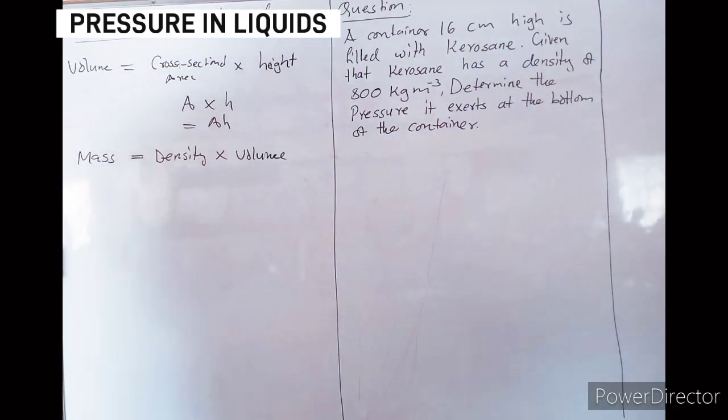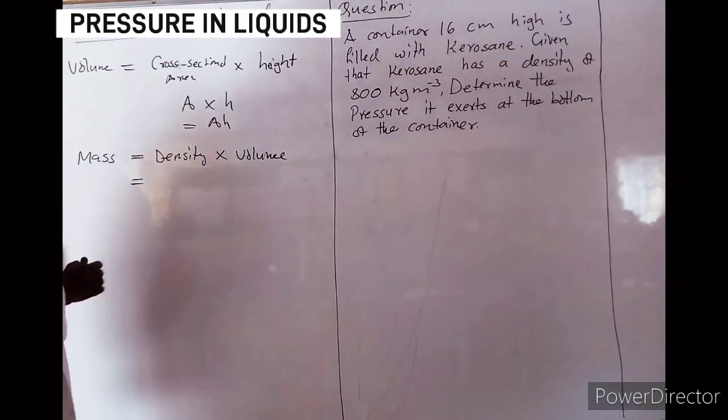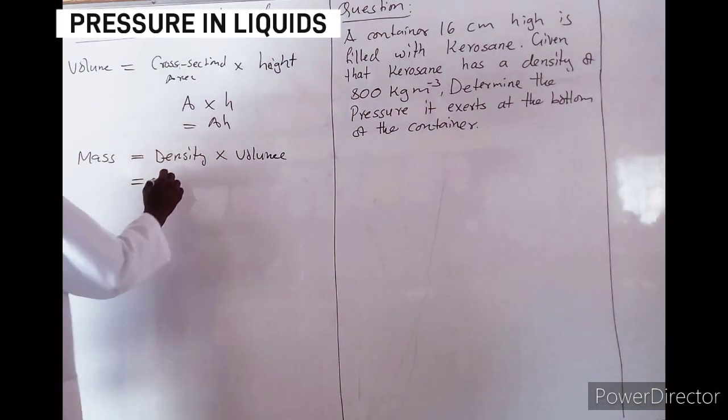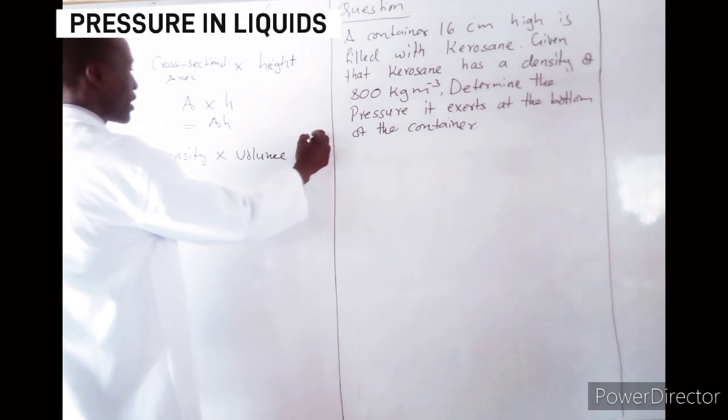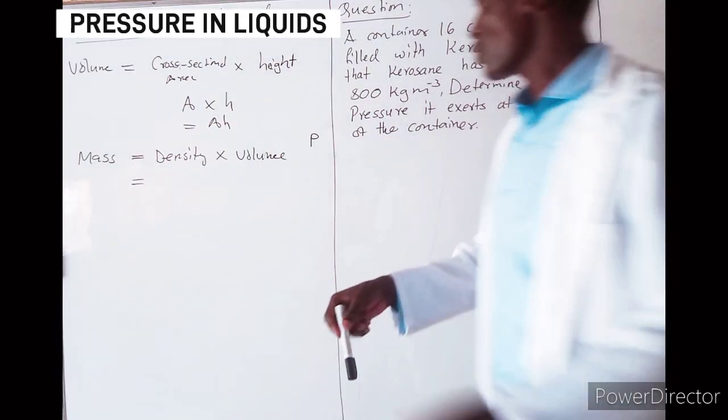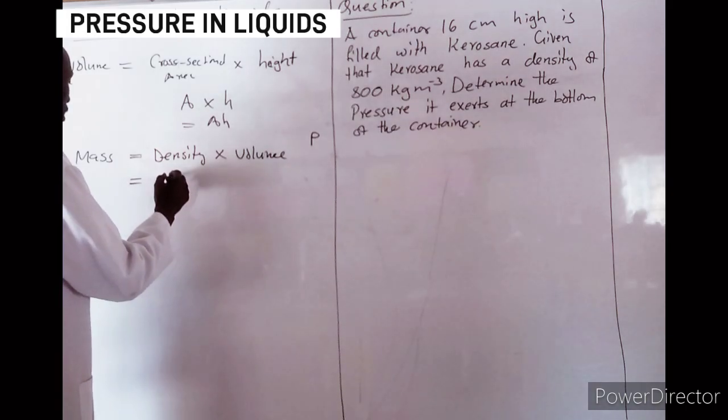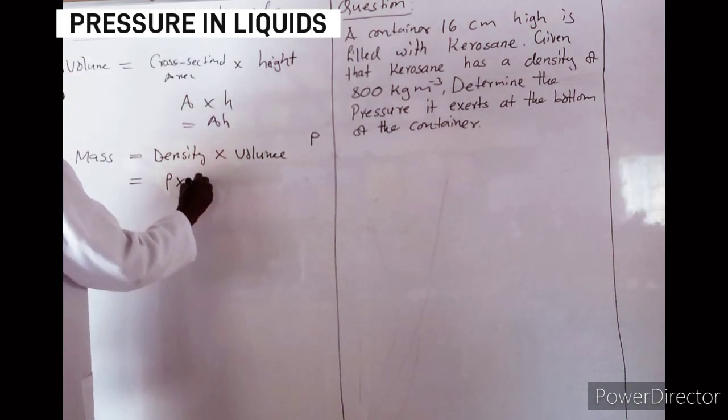The density is denoted by the symbol rho, so the mass of a liquid is rho times its volume.